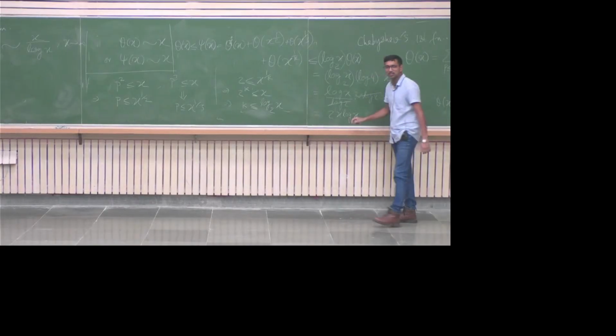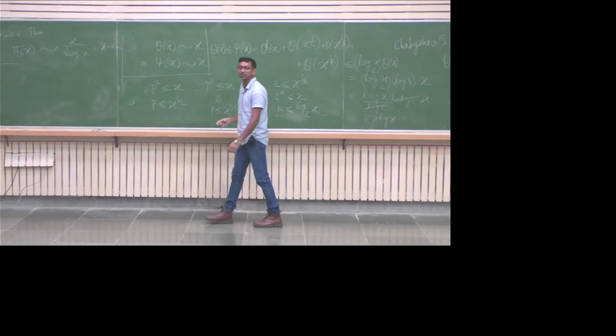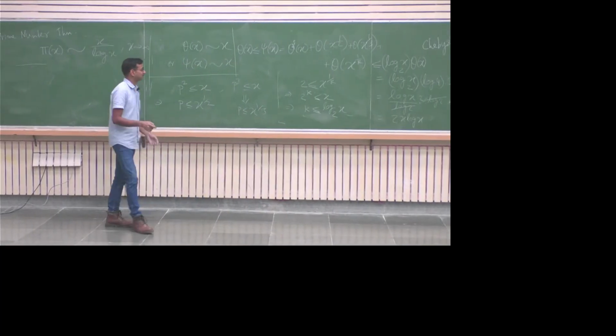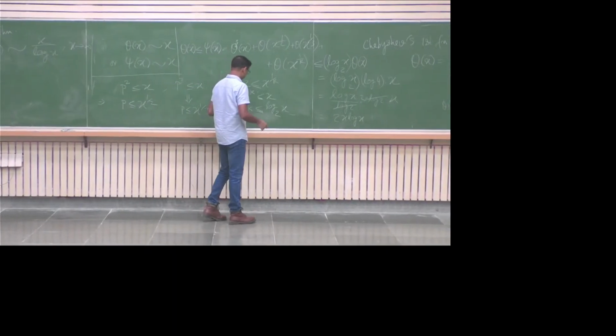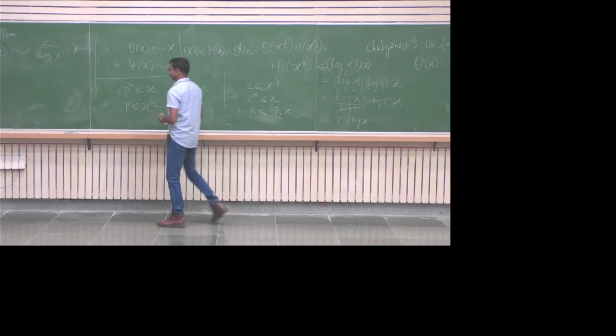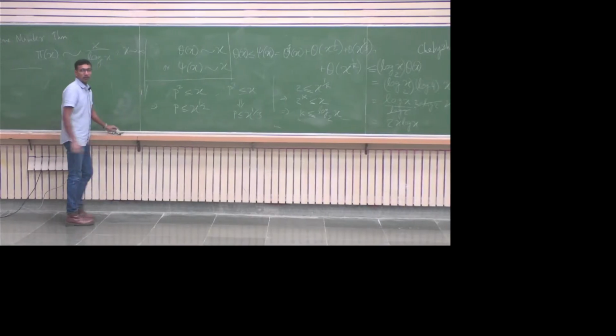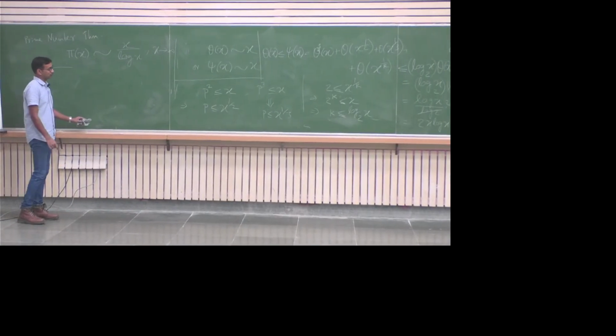But it's still not such a good bound. We would like to have just x there and not x log x. Alright, think about how to make that more precise.